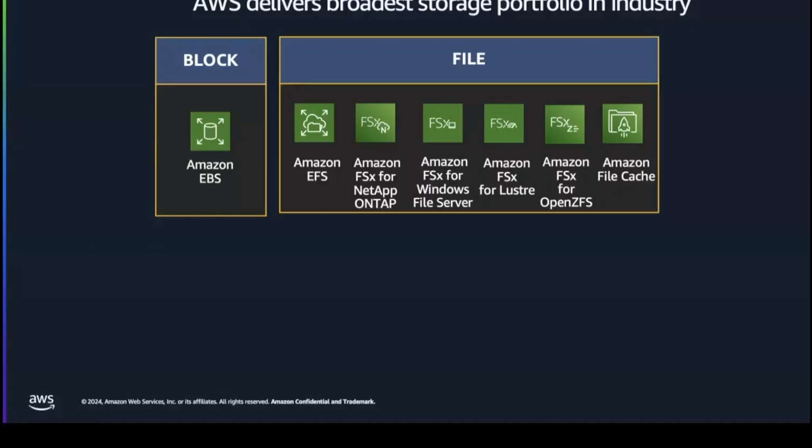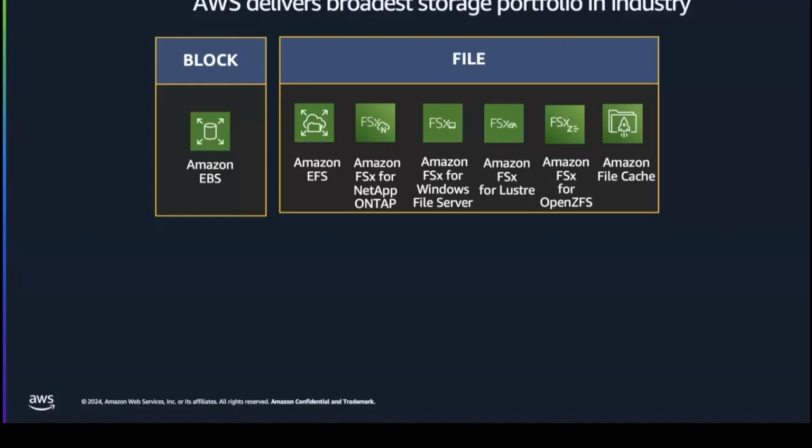From an AWS perspective, that looks like EBS. So many customers are running EBS volumes. And when you create a persistent volume inside of Kubernetes, that persistent volume or persistent volume claim actually maps to an EBS volume running in the cloud in a one-to-one mapping.